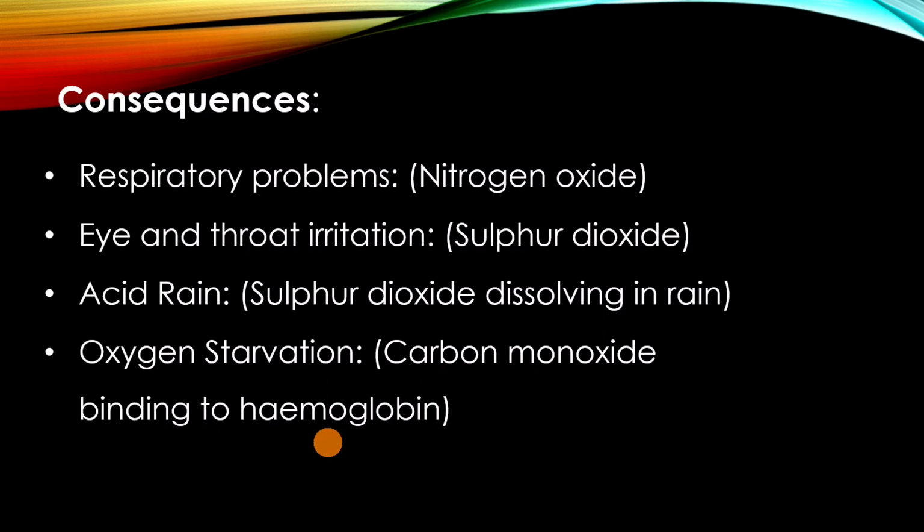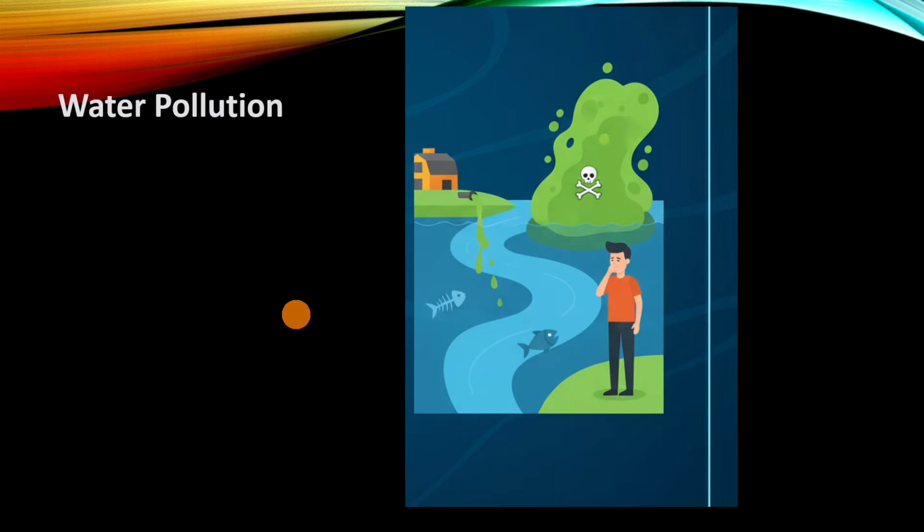And because there will now be carbon monoxide in the body and no oxygen, the person will undergo oxygen starvation, meaning they will lack oxygen, and then they will end up suffocating and dying. So we have looked at one negative effect of chemical industrial activities: air pollution.